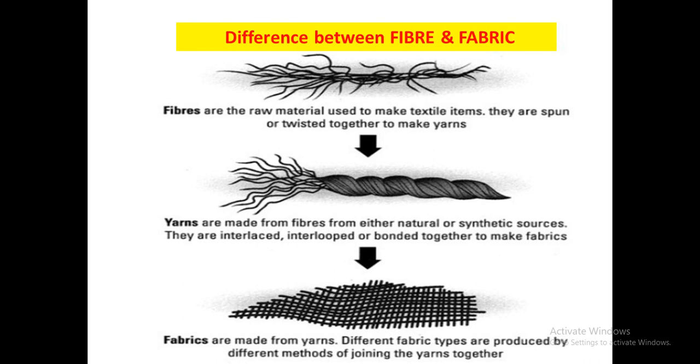You would have gone to a shop to purchase pant bits or shirt bits. So that is the fabric. This fabric only later, when we give it to the tailor, is cut and stitched according to our size. It becomes a dress. Okay, so the difference between fiber and fabric: fiber is the raw material, whereas fabric is the cloth material which is used to make the dress.